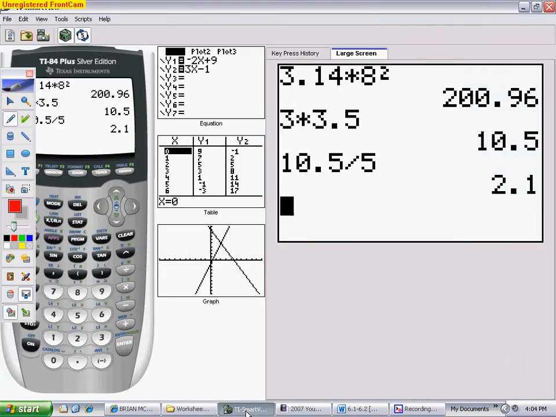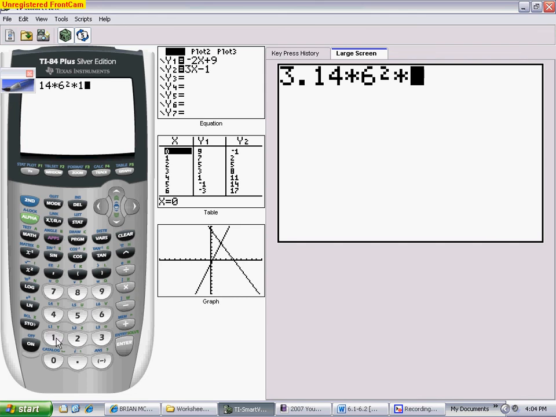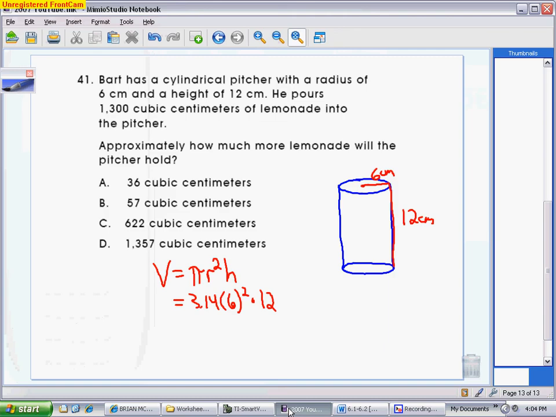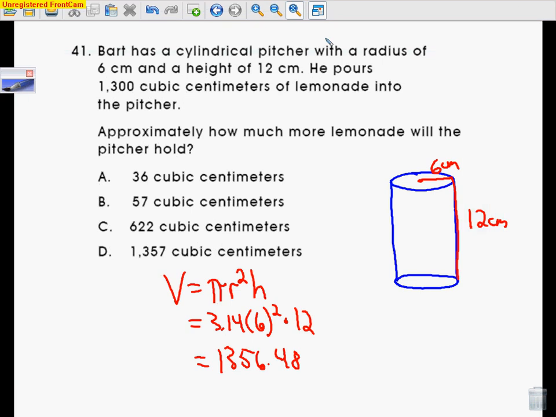So 3.14 times 6 squared times the height, which was 12. And we get 1,356.48. So the volume is 1,356.48. That's how much the cylinder will hold. And they said that we already put 1,300 cubic centimeters in it.